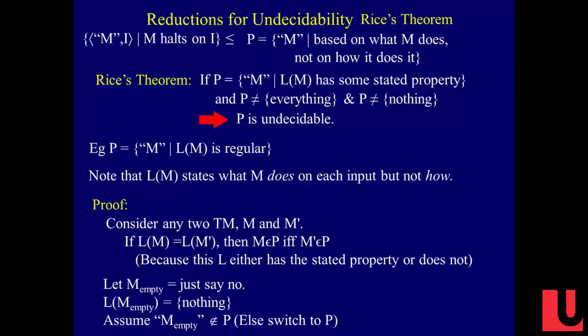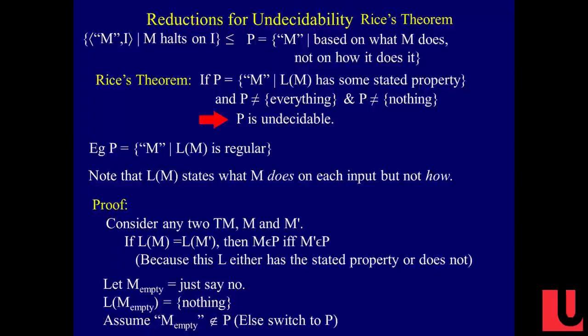All right, so our goal now is to find some nice Turing machine. Here, let's consider this Turing machine here. This is the empty Turing machine, and what it does is it says no. All it does is it halts and says no. So what's the language of this Turing machine? It's empty. It's the empty language.